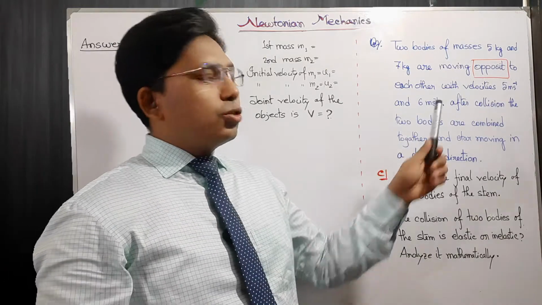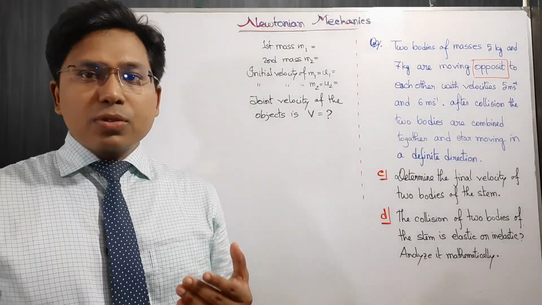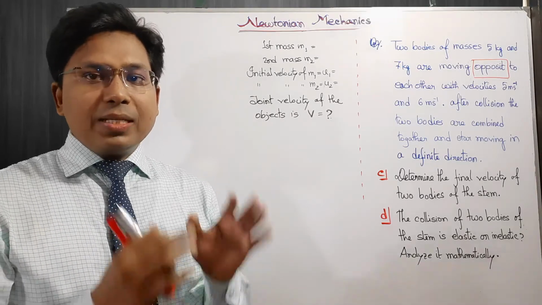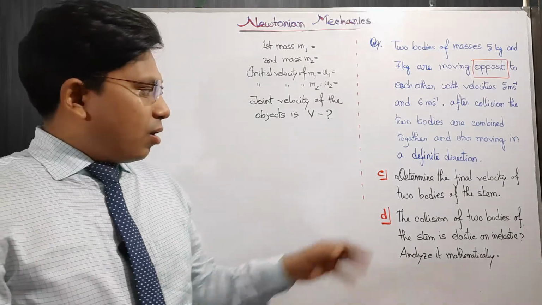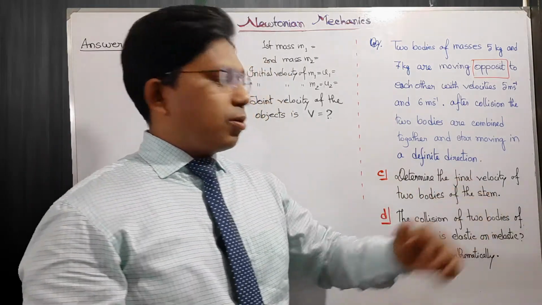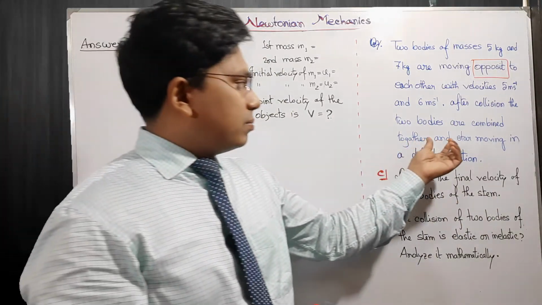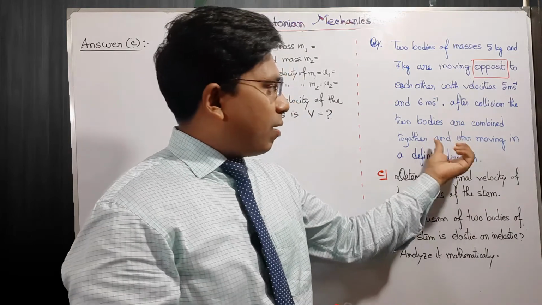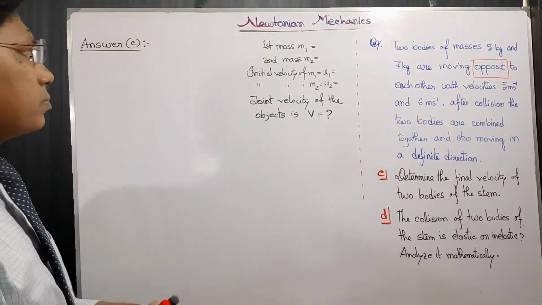After collision the two bodies are combined together and move with a definite direction. That means this is the combined body situation. In the question we observe: determine the final velocity of the bodies. Final velocity suggests the combined condition of the two objects.